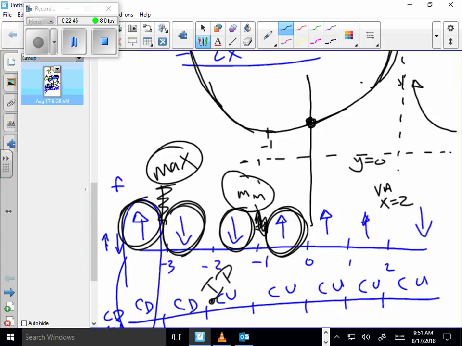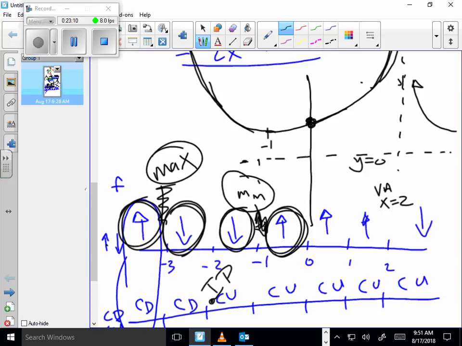But if I can come over here and look at every single integer value and describe whether I have increasing or decreasing or concave up and concave down, then I can think about the graph simply being bits of shape that I will glue together. Okay? Any other questions before we try another? Okay, let's try another.